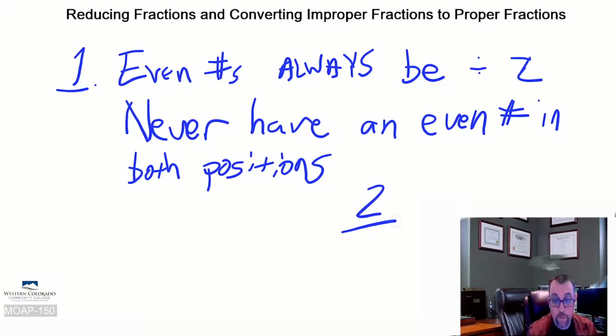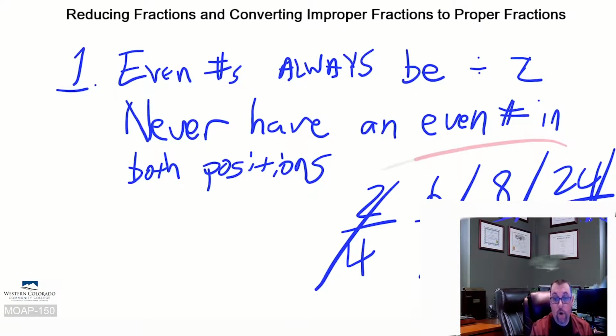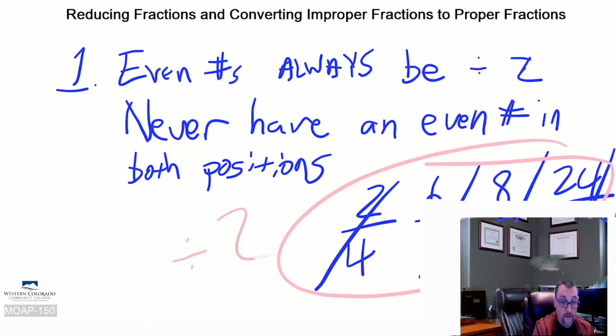If you have 2 over 4, if you have 6 over 10, if you have 8 over 18, if you have 24 over 148, all of those can be reduced because all of them can be divided by 2, at least divided by 2.